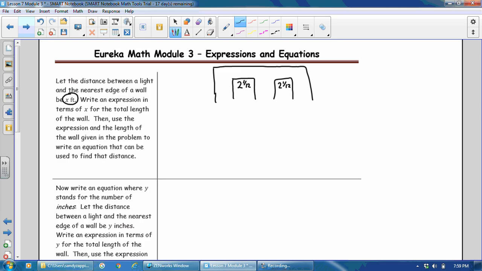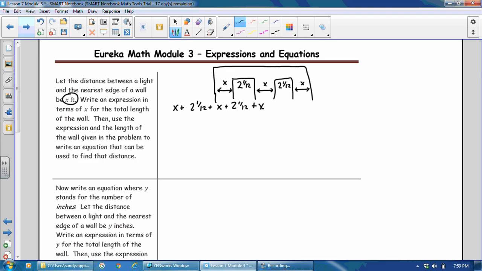Write an expression in terms of x for the total length of the wall, and use x for the nearest edge of the wall. So this distance is x, this distance is also x, and this distance is also x. So writing an expression, we know that if we add x plus 2 1/12 plus x plus 2 1/12 plus x, that is the distance for the whole wall.